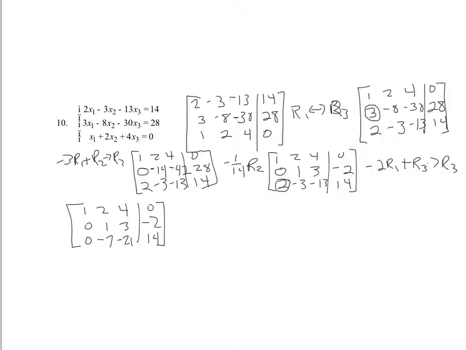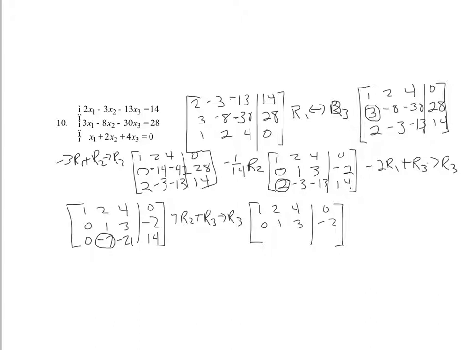All right, it's time to make negative 7 become a 0. To make that happen, we need to multiply 7 times row 2 and add that to row 3 to get our new row 3. So 1, 2, 4, 0, 0, 1, 3, negative 2.